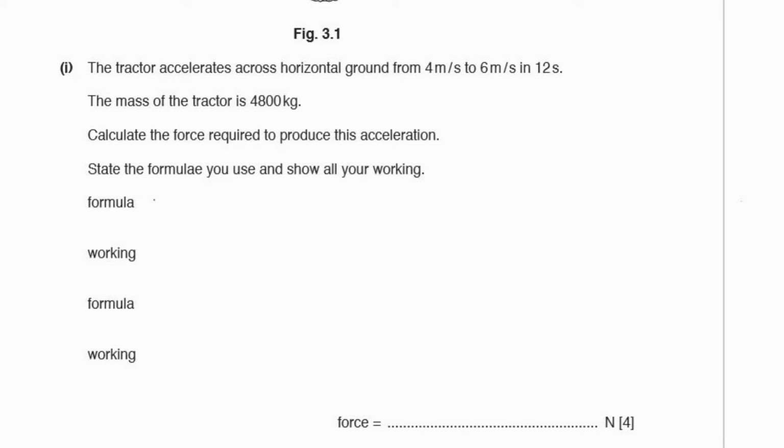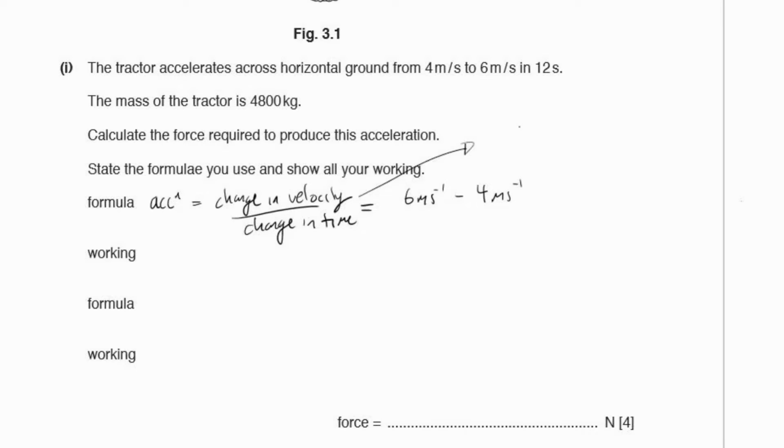So let's calculate by how much it's accelerating. Acceleration equals change in velocity over change in time. So that's then given by 6 meters per second minus 4 meters per second, final speed minus initial speed. You know what, let's just write that down as well, just in case there's a mark hidden away for it.